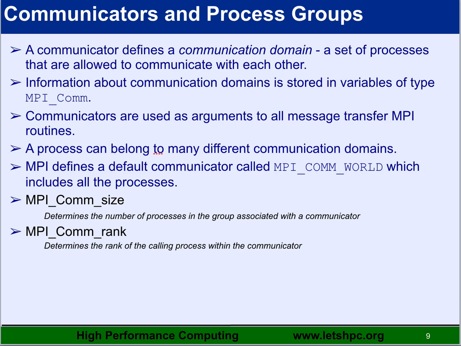Suppose you have 10 processes, you can always create a small communication domain which may consist of just 5 of those processes. Out of 10 you select 5 processes and make a communication domain out of them, and then these processes are allowed to communicate with each other.